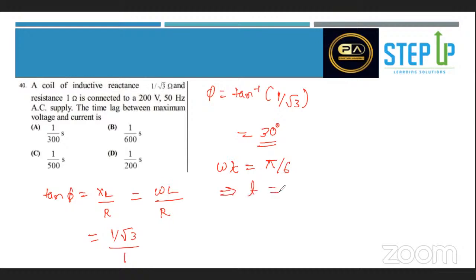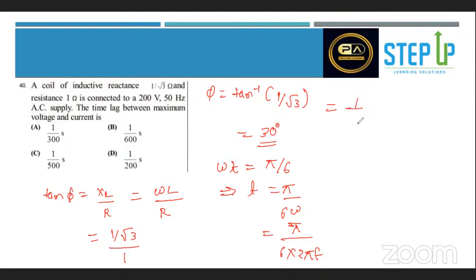Time lag they are asking you. So I can write time lag as pi by 6 omega. Omega I can write as 2 pi nu, where f or nu is the frequency. Whichever you feel is easy for you, you can write, remember that. Sometimes you get confused about omega being 2 pi nu or 2 pi f. It's basically the same thing, frequency.